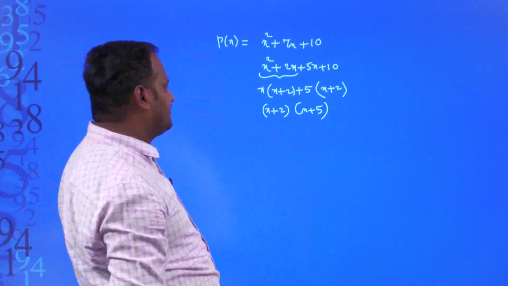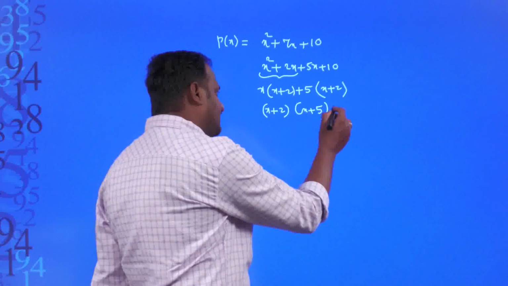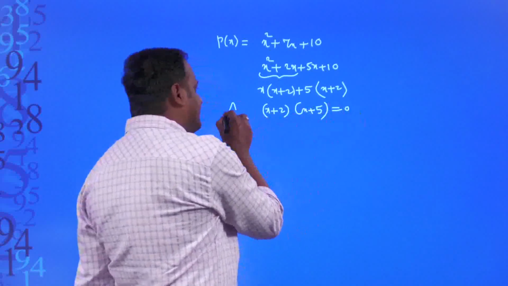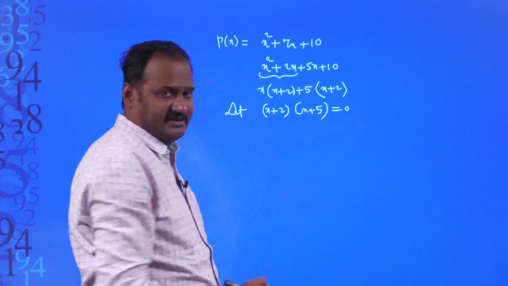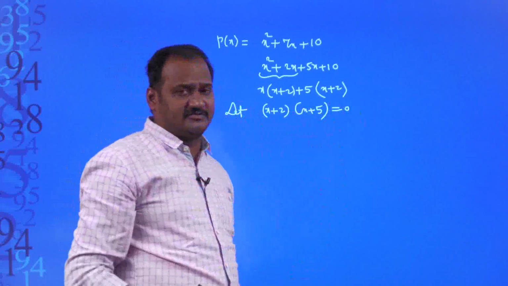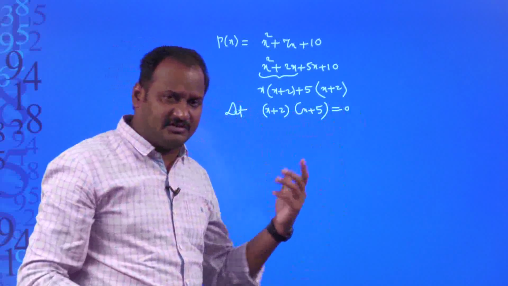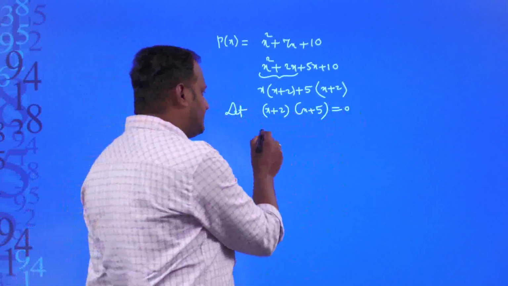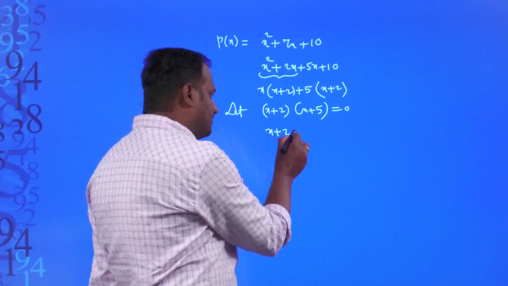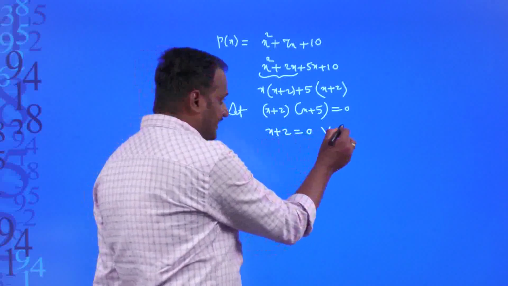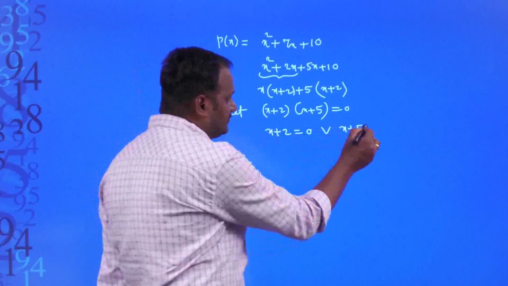To obtain zeros of the polynomial, you equate with 0. The product of two terms is equal to 0, so either the first term is equal to 0 or the second term is equal to 0, means x plus 2 is equal to 0, or x plus 5 is equal to 0.